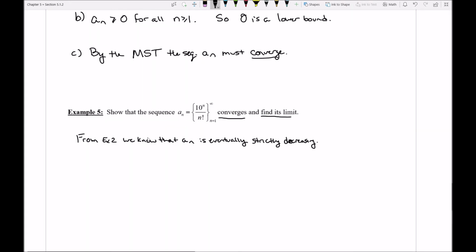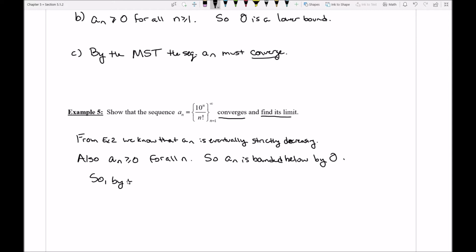Is this sequence going to be bounded below? Well, can I ever get negative numbers out of this sequence? It doesn't seem like it, so I could probably say that a sub n is greater than or equal to 0 for all n, and so a sub n is bounded below by 0.